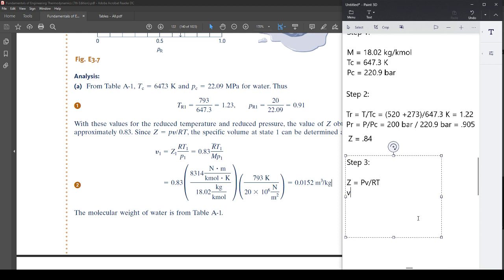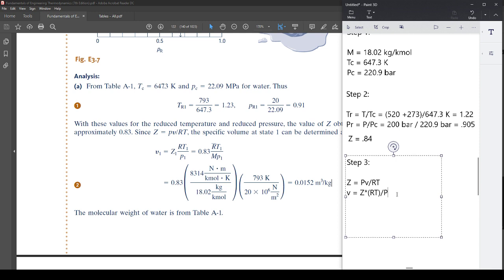And then you end up with v is equal to z times RT over p, right? Because remember, z is just, I like to separate ones that are just simple multipliers. So z is just a multiplier factor.